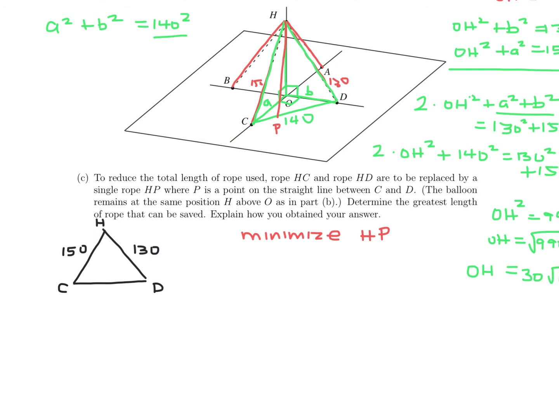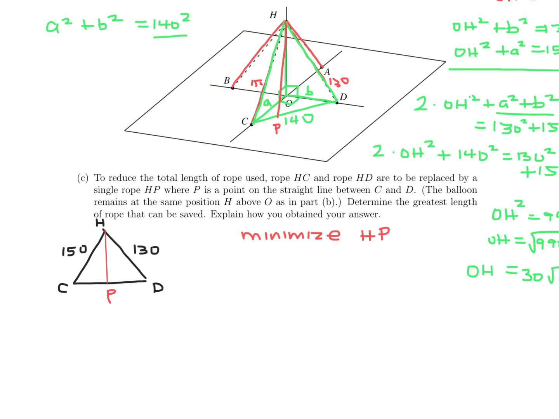So let me just draw a straight line here, and then we'll talk about it. It would be straight down like that. That would be the shortest distance from H to the line CD. And I think that is pretty much the heart of that question. Once you figure that out, everything else falls into place. Okay, let's go with this.